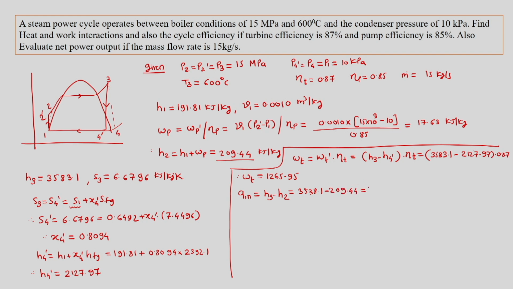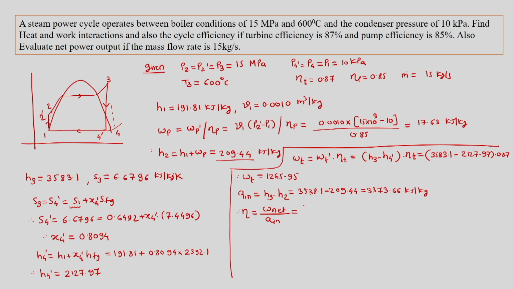So Q in for us is 3373.66 kilojoule per kg. So we can find out cycle efficiency, which is W net upon Q in.